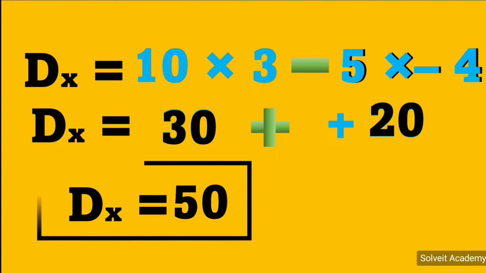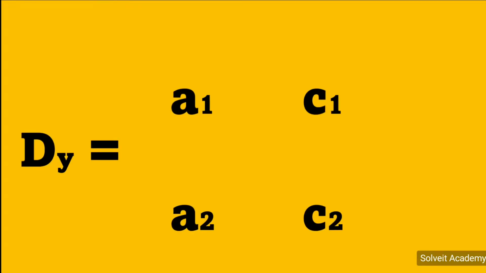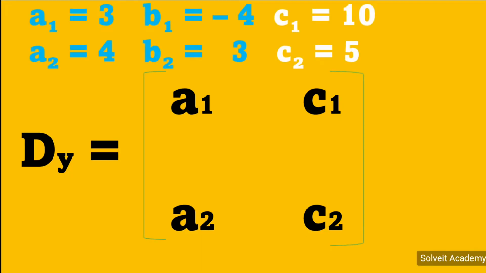In third step, we will define the value of dy. dy is a determinant whose first column contains the elements a1, a2 and second column contains the elements c1, c2. Now replace the values of a1, a2, c1, c2.